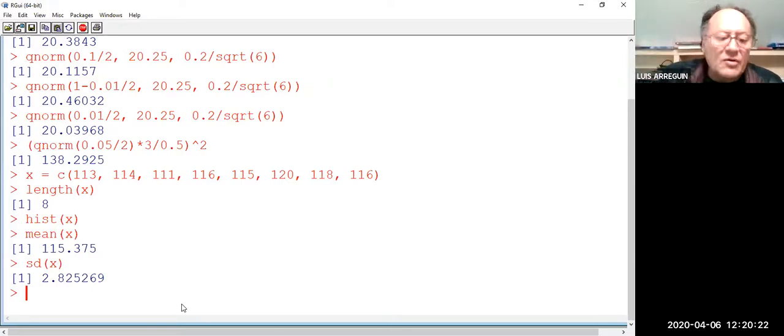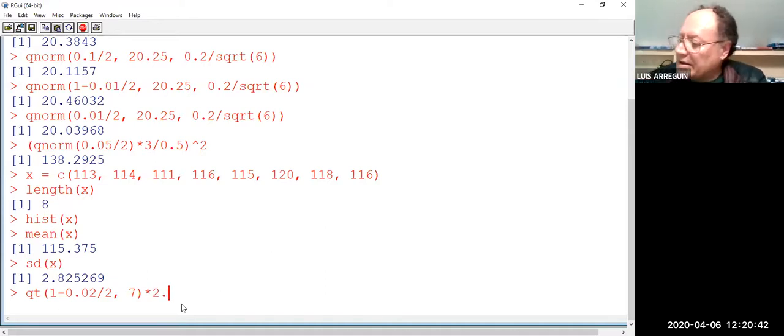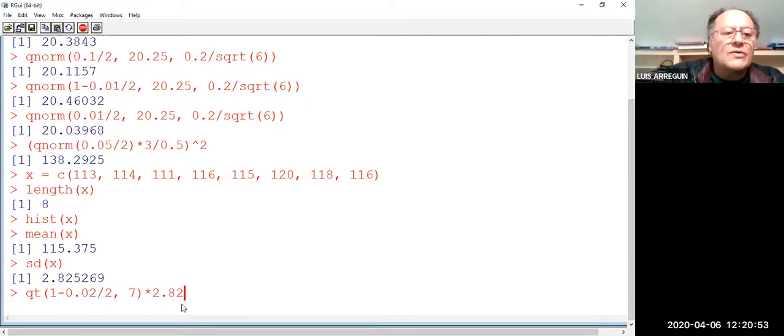So we're going to be able to compute now the margin of error. It is qt of 1 minus 0.02 over 2, comma, 7 degrees of freedom, times the standard deviation, 2.8252 67, and we're going to divide that by the square root of 8.